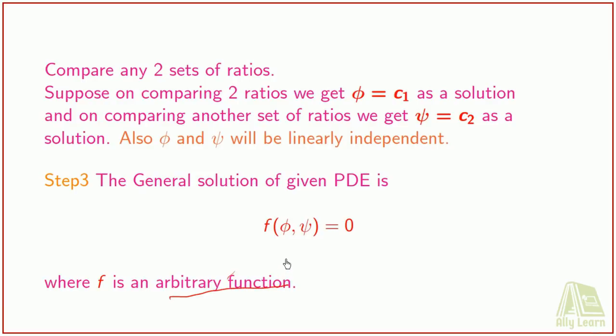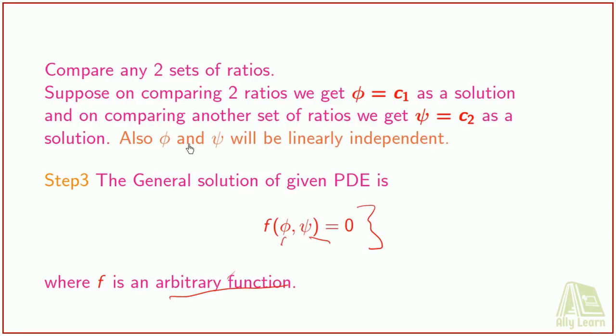So again I repeat what we have to do. First, write the Lagrange subsidiary equations. Secondly, compare ratios and get the two solutions phi and psi, and then the general solution will be an arbitrary function f of phi and psi. This will be my general solution of the first order quasi-linear partial differential equation.